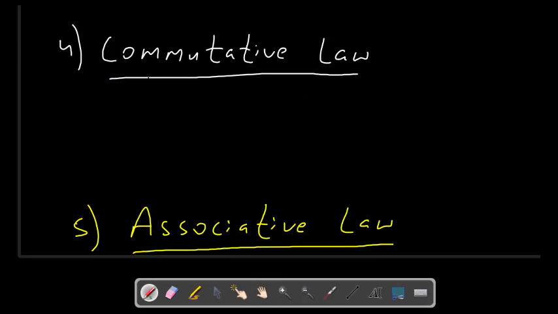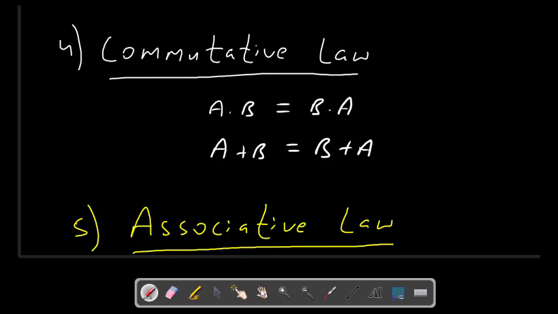Next we have the commutative law. The commutative law for AND is A and B is equal to B and A, and for OR, A or B equals B or A. This is the commutative law.